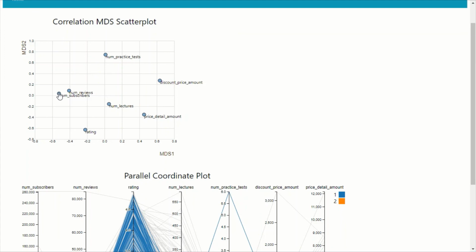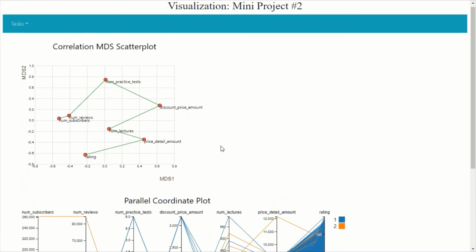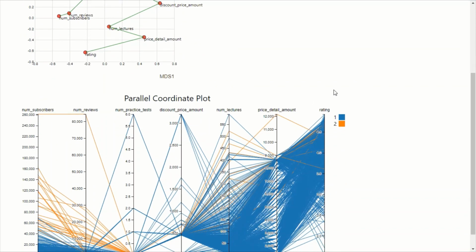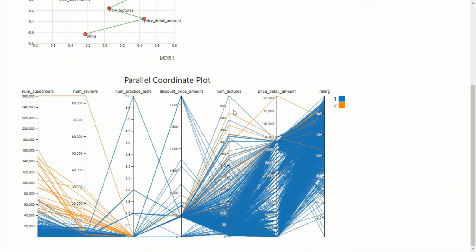If we select this order, first this, second this, third, fourth, fifth, sixth and seventh, as all the points are completed, the order in which the user selected becomes the order of the parallel coordinate plot.